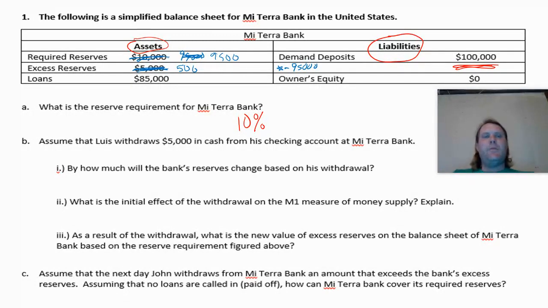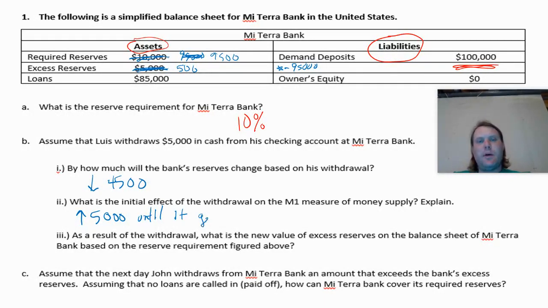Okay, so by how much will the bank's reserves change based on its withdrawal? Well, they are going to decrease by $4,500. What is the initial effect of the withdrawal on the M1 measure of money? Explain. Remember, M1 money is cash on hand. It's going to increase it by $5,000 until it gets deposited by someone that he spends it at, right?